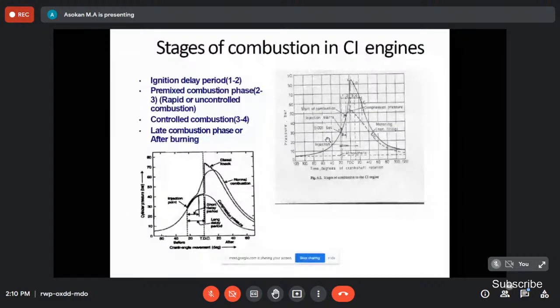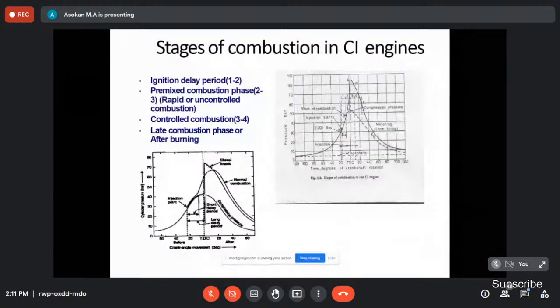So once the fuel is injected, it takes some time to prepare for ignition. That is the ignition delay period. For this ignition delay period, there are many factors: the nature of the fuel, pressure of the system, temperature of the air, squish motion, swirl motion, compression ratio. So there are many factors.